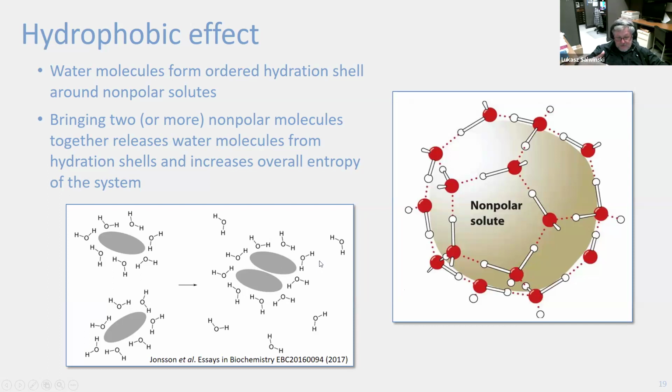So the hydrophobic effect is essentially driven by the solvent. It's not a property of individual molecules that are hydrophobic. The only feature they've got is they cannot form hydrogen bonds with water, and the rest is because of what's happening with water. It's properties of water that actually drive those greasy things together.